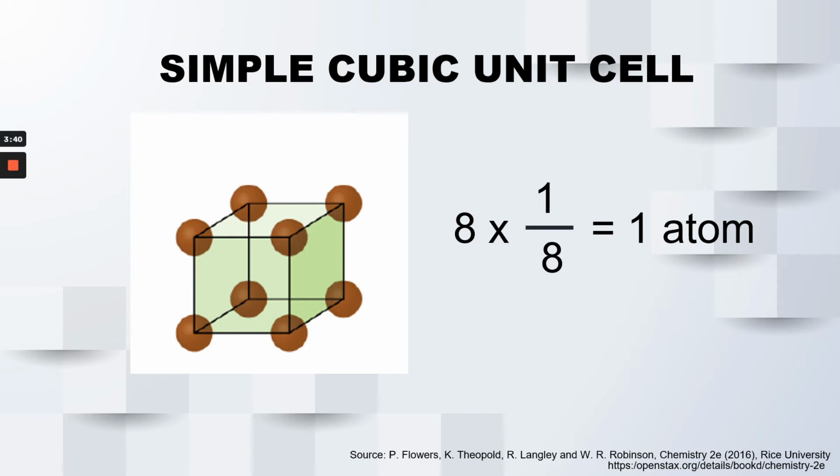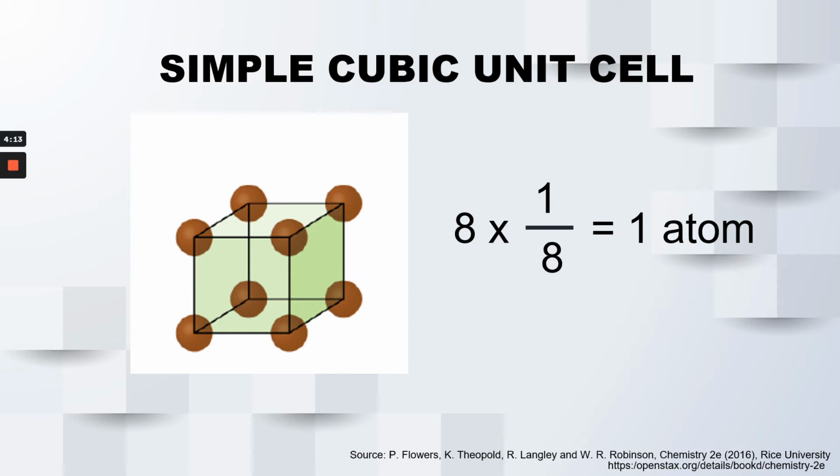Since each simple cubic unit cell has one atom at each of its 8 corners, we can calculate how many atoms are in the simple cubic unit cell.